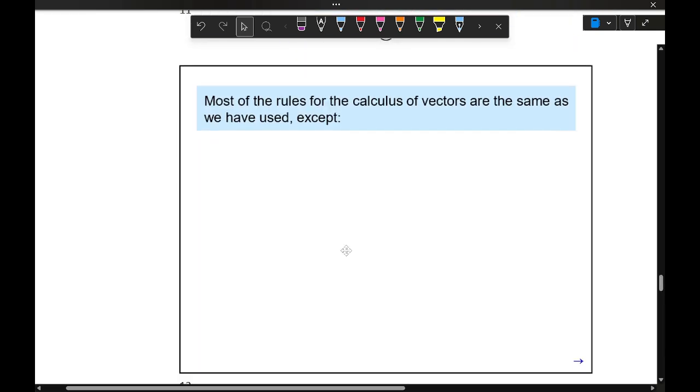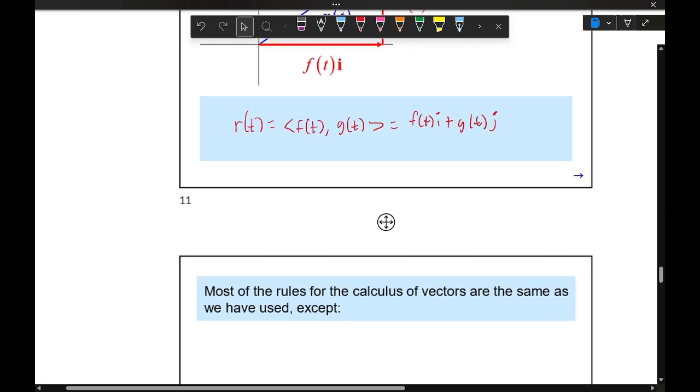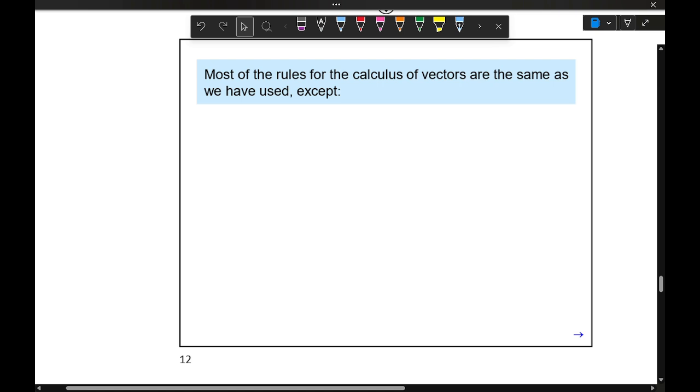So the rules of calculus are the same. Once you have it in this linear combination, you can just differentiate or integrate term by term because it's addition, and the i and j are treated as constants. The only difference is that there's this new concept called speed, which is just the magnitude of velocity.